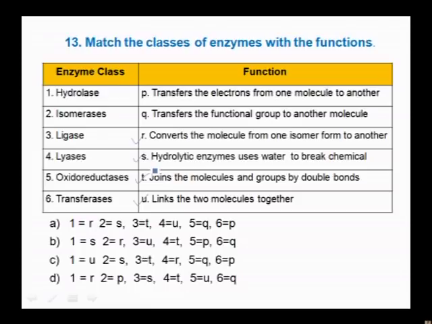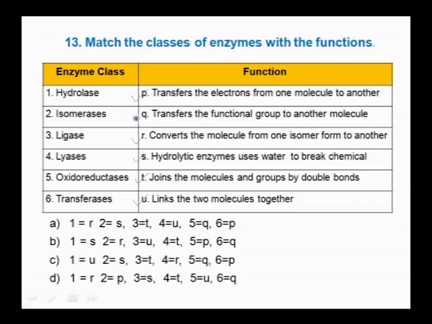Next one is oxidoreductase. The name clearly indicates it is associated with electrons. So the option for this is the first one, that is, it transfers the electrons from one molecule to another, thereby causing oxidation and reduction one after the other. The last one is the transferases.